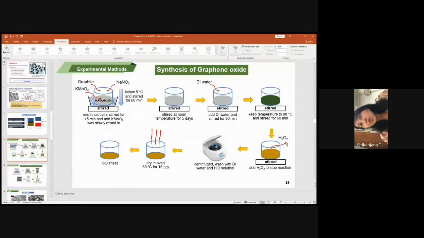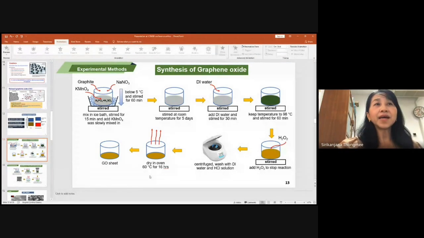After that, we add hydrogen peroxide, H2O2, to the solution. Then we put the solution into the centrifuge, wash with DI water, and put it in hydrochloric acid solution. After that, we dry it in an oven at 60 degrees C for 16 hours.